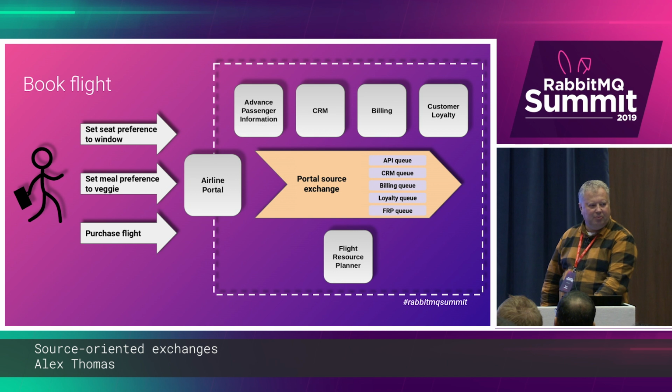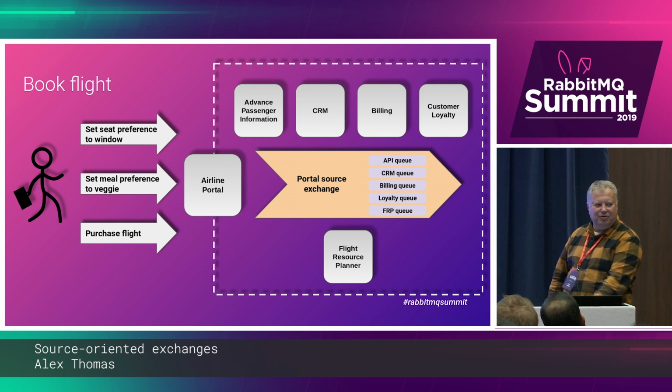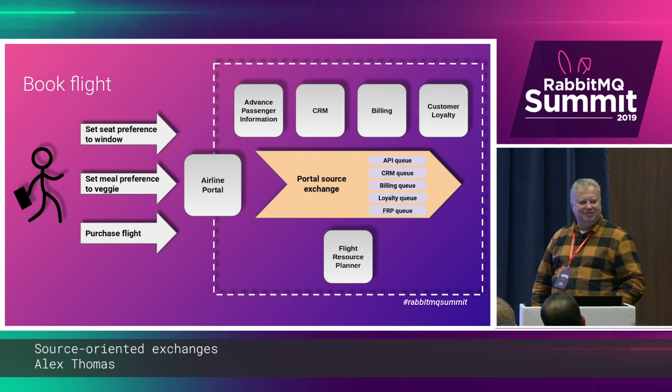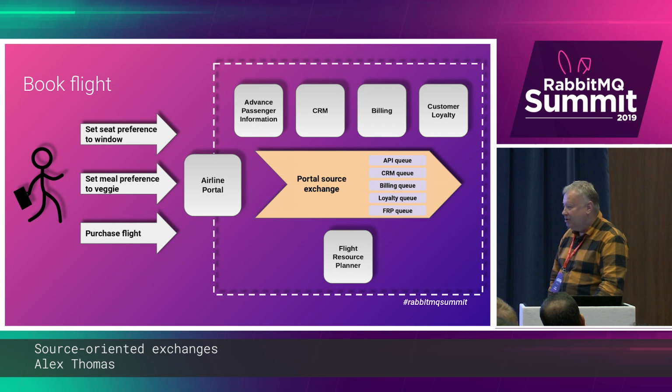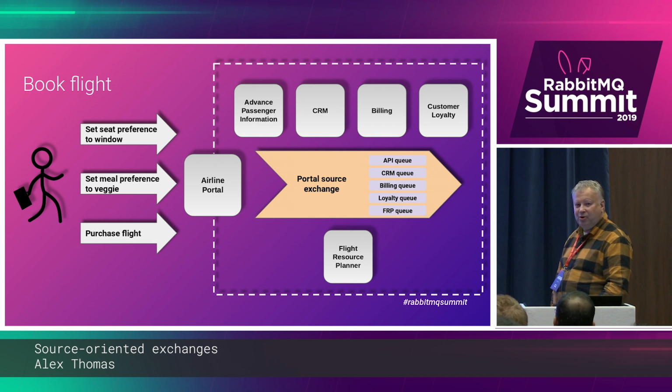So you can do a binding, and what's the nifty thing? You can do multiple bindings to one queue. So Rabbit provides quite a neat way of allowing something like the CRM system to tune into whatever set of events or topics it wants to.